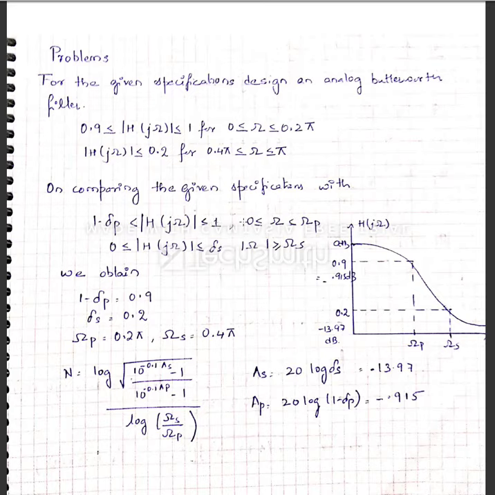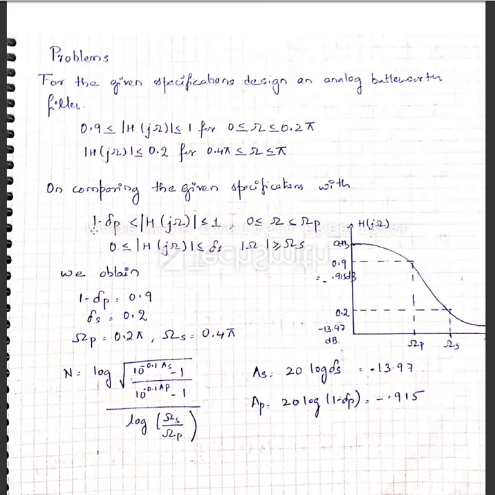That is, for the frequency lying between 0 to omega p, which is nothing but the edge frequency of your pass band, starting from 0 to this, you have the magnitude of the frequency response given by 1 minus del p to 1.